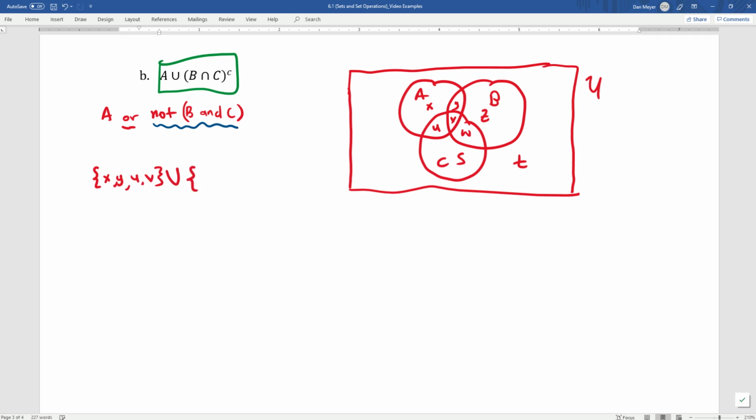B intersect C is V and W. Want that to be the complement.